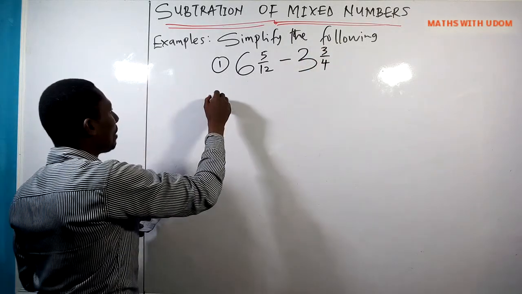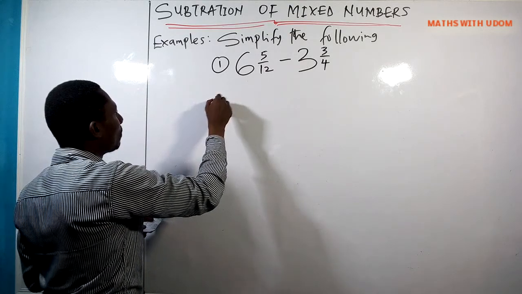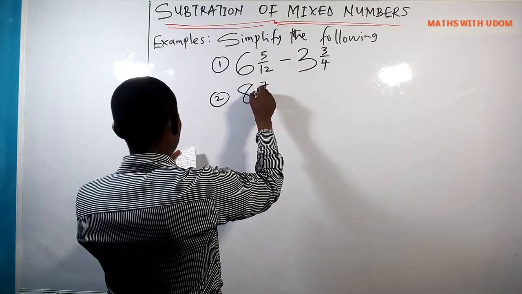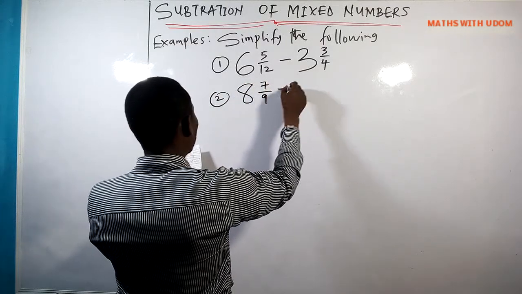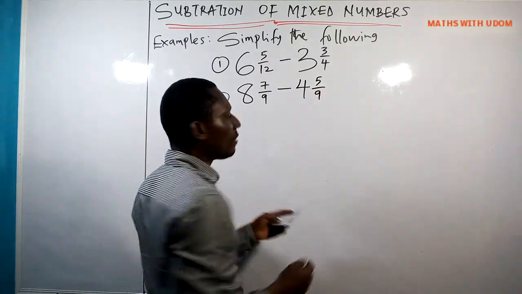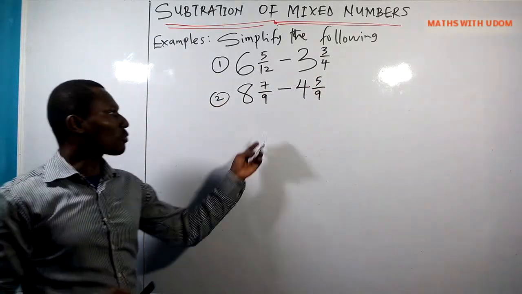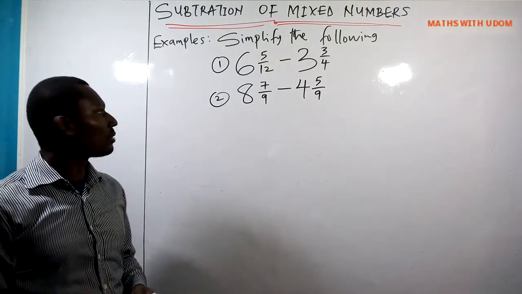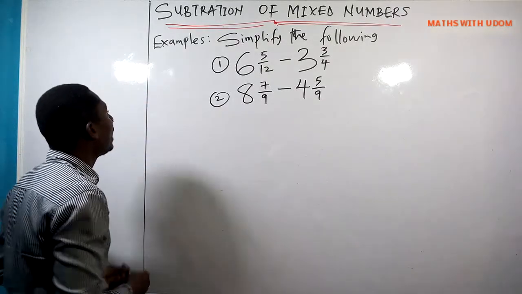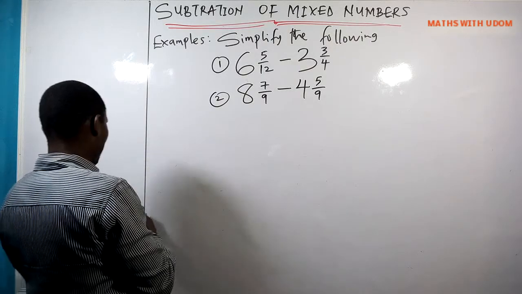Then number 2, we have 8 whole number 7/9 take away 4 whole number 5/9. So let's quickly look at these two examples. Let's solve them and then we'll get our answers.